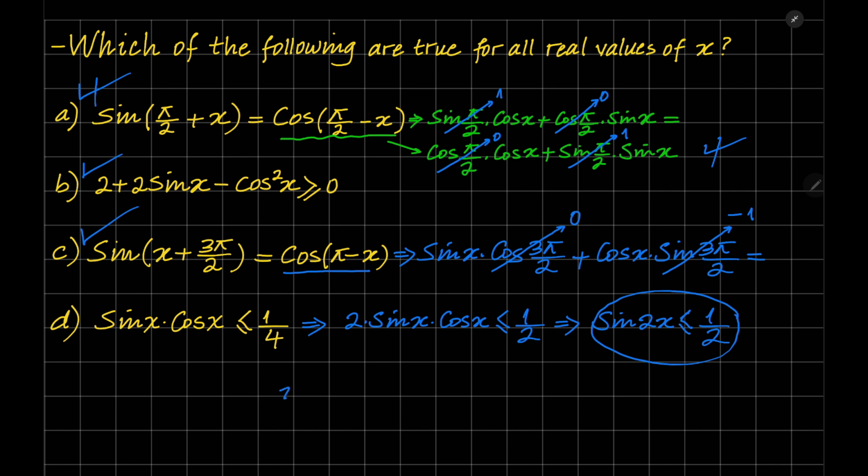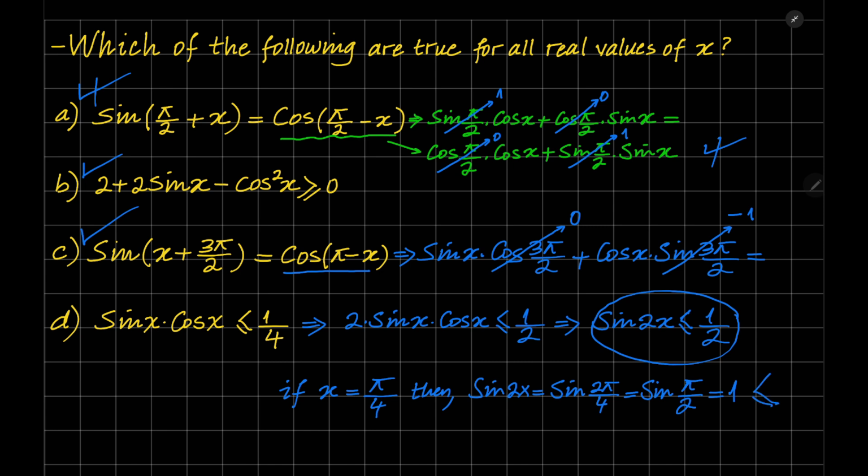Let's check that if x is equal to pi over 4, then sine 2x is equal to sine 2 times pi over 4, which is sine pi over 2, which is equal to 1.